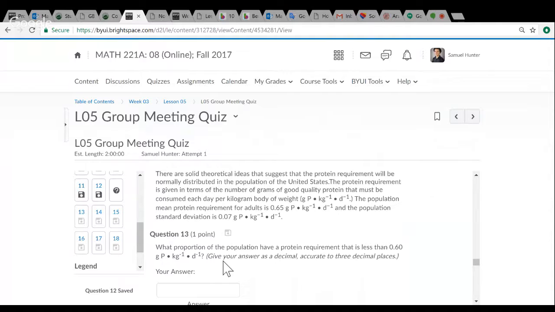You take the 0.60 and subtract it from the mean, or subtract the mean from that? You subtract it from. Hold on, because you have to divide it with this. Are they asking? No, they're not asking for the z-score. What proportion of the population?